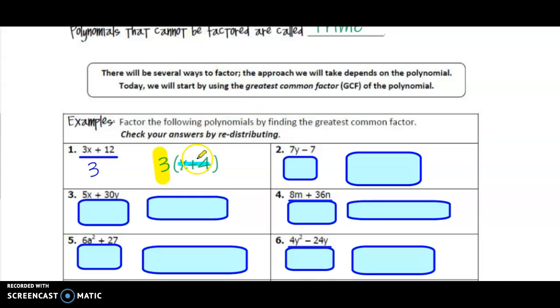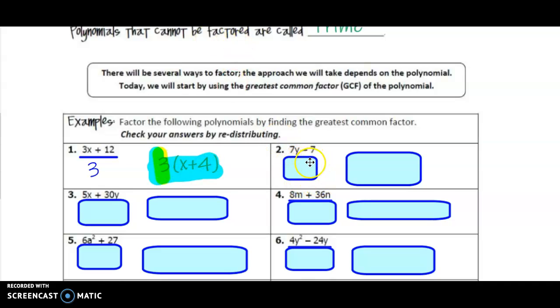So my final answer will be 3 times x plus 4, because 3 is my common factor. 3x divided by 3 gives me x, and 12 divided by 3 gives me 4. So I'm basically taking out the 3 to the front. If I were to redistribute, 3 times x is 3x, 3 times 4 is 12. So it's just the opposite of the distributive property. I'm taking out instead of putting in to the parentheses. So there's my final answer.